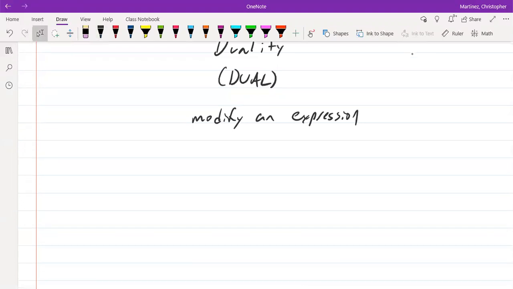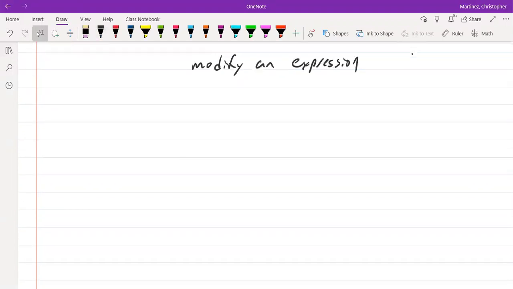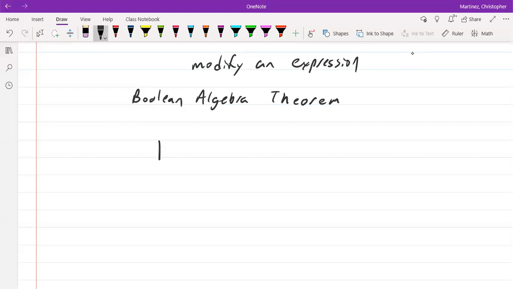Okay, so where we start with this duality is let's look at some of the theorems we've been talking about. So if we look at some more Boolean algebra theorems, and you might see these in the book, they're all going to be numbered, and some of the numbers are going to have a D next to it. So for example, the book will say, I have theorem number 1, which is xy ORed with xy bar, that's equal to x.